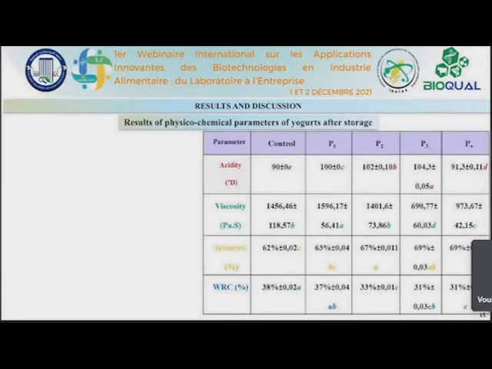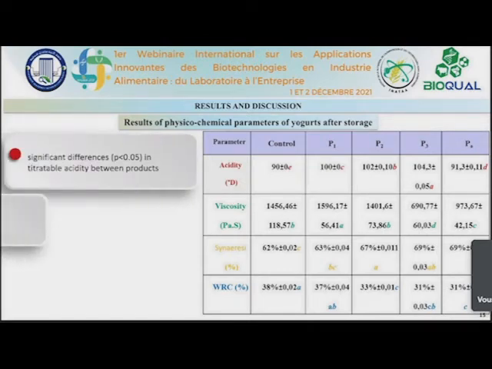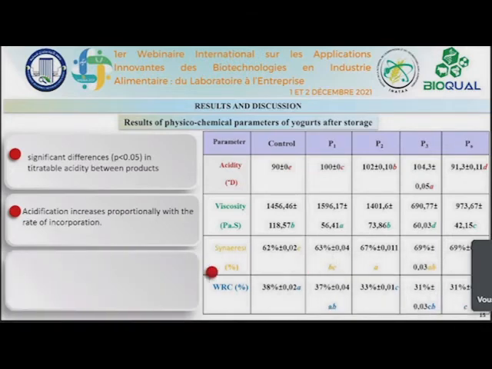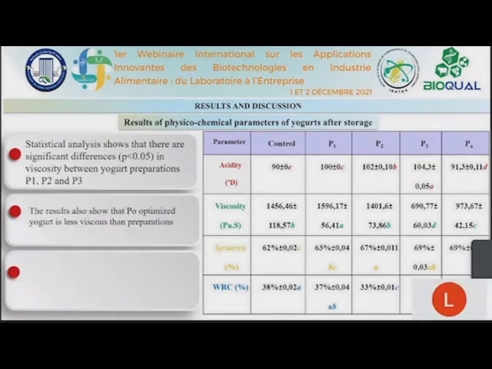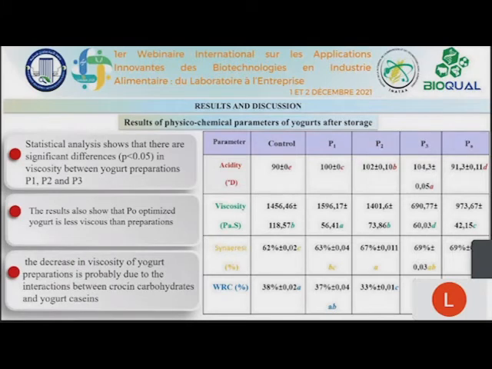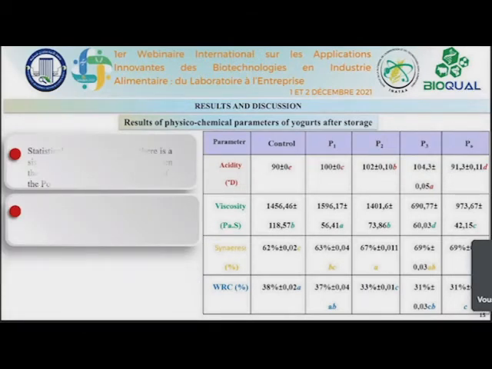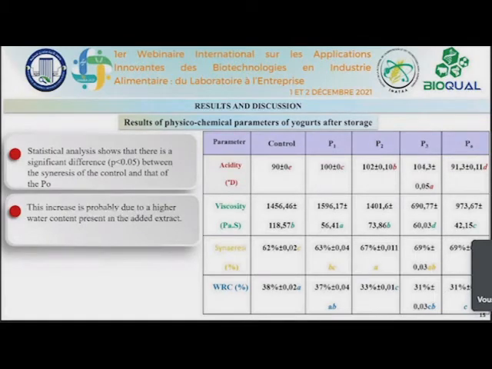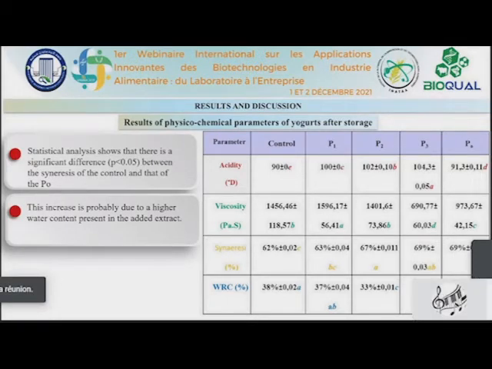Now we will discuss the results of the physico-chemical parameters of the yogurt after 7 days of storage. According to the results displayed in the following table, the acidity increased proportionally with the rate of incorporation, and we also noticed that the optimized yogurt is less acidic and less viscous than the other preparations. This is probably due to the interaction between the carbohydrates of the crocin and the casein of the yogurt.